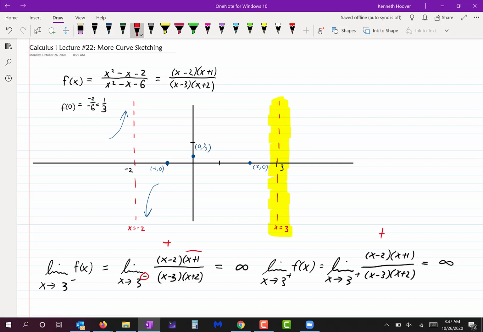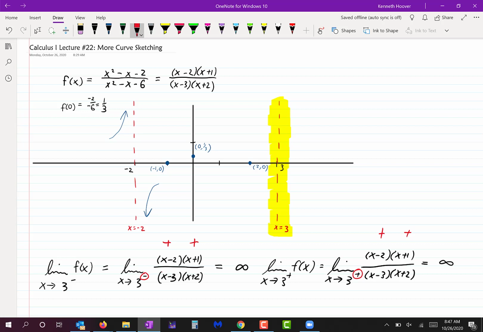This will also be giving us positive numbers. So the top of the fraction will be positive as x approaches 3, no matter which direction we're approaching from, the left or the right. Okay, from both directions it's the same on the top.